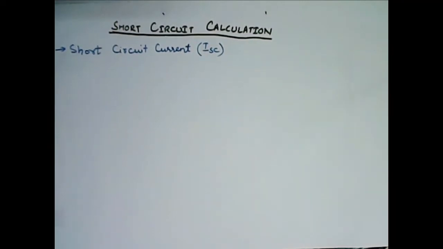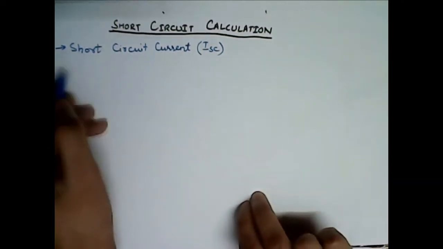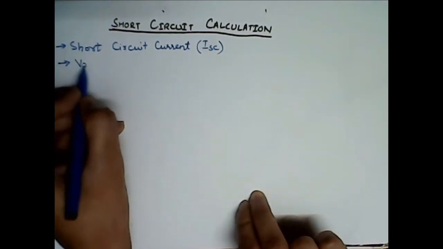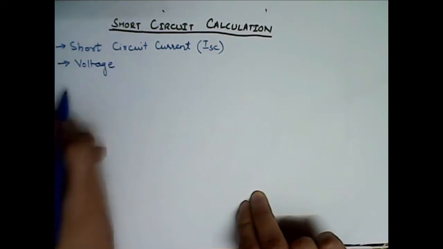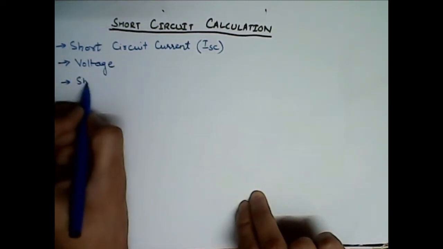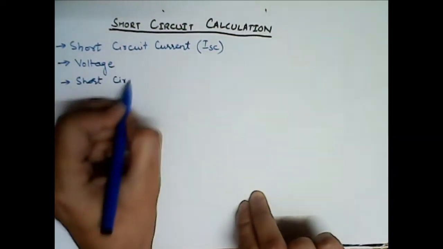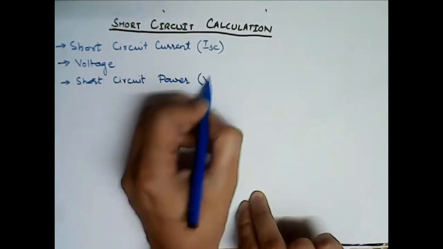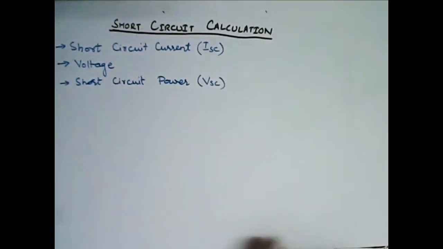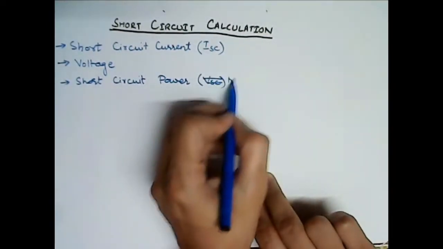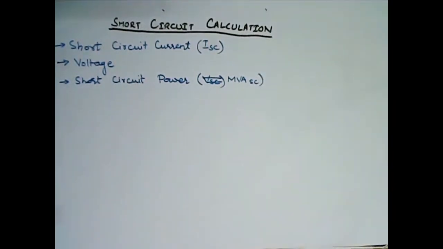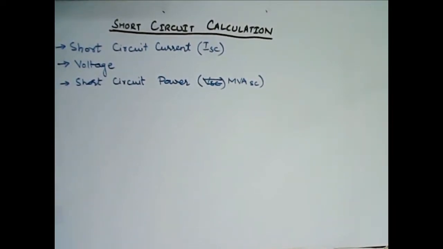The second one is the voltage in case of short circuit, and the third one is short circuit power, which we usually refer to as MVASC, right?